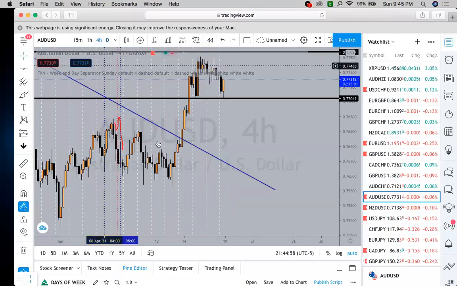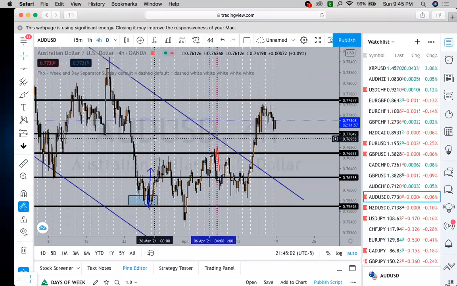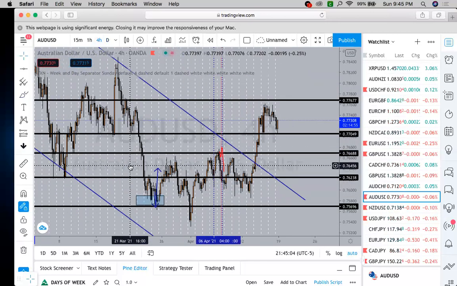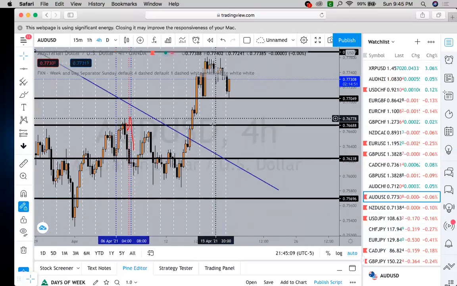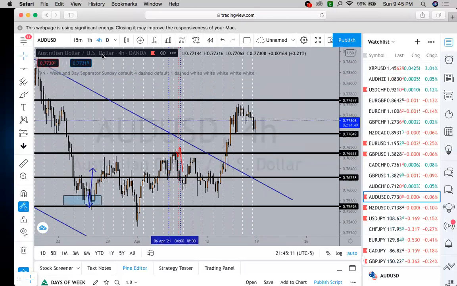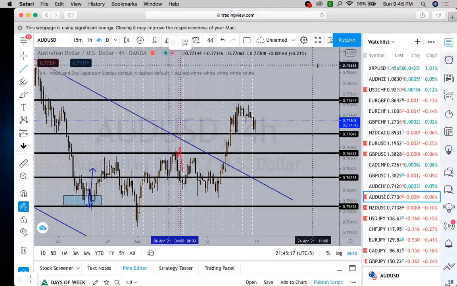Let's break it down a little bit and see what we've got going on. 4-hour time frame. You see it broke through. So we're going to continue with that while we look for our buys.